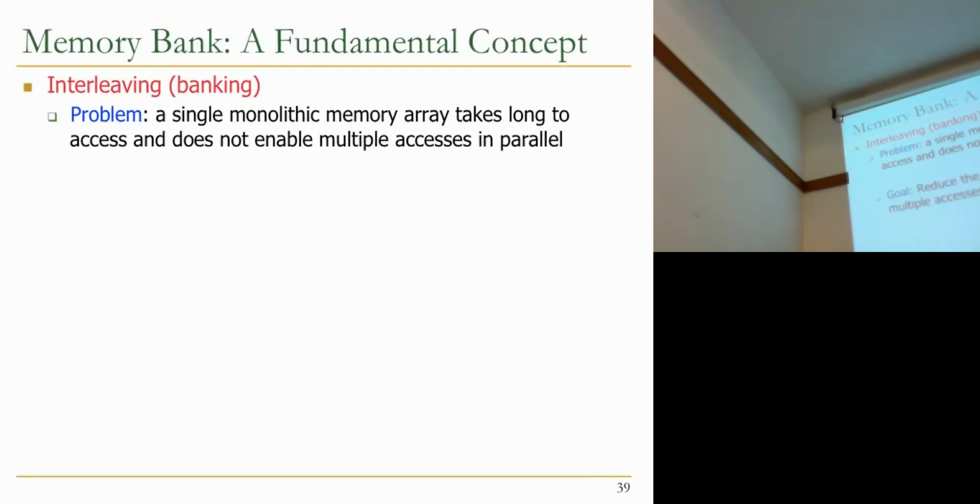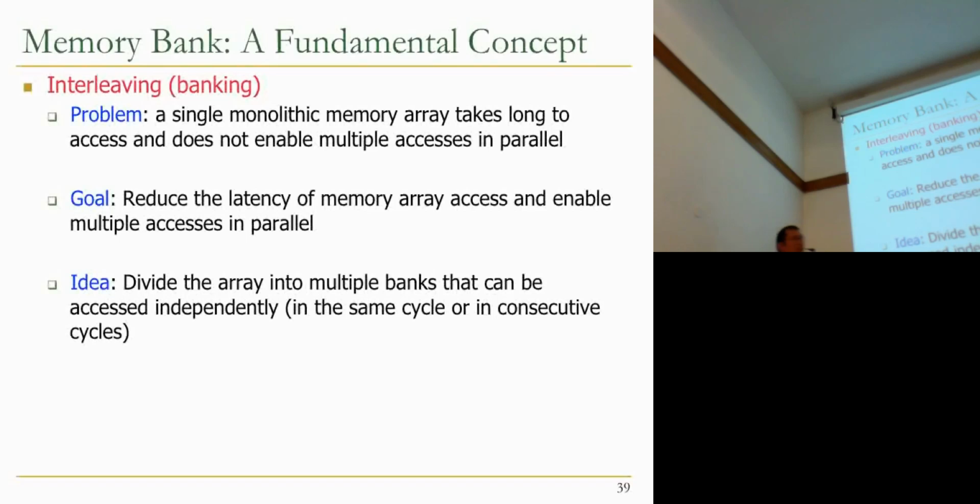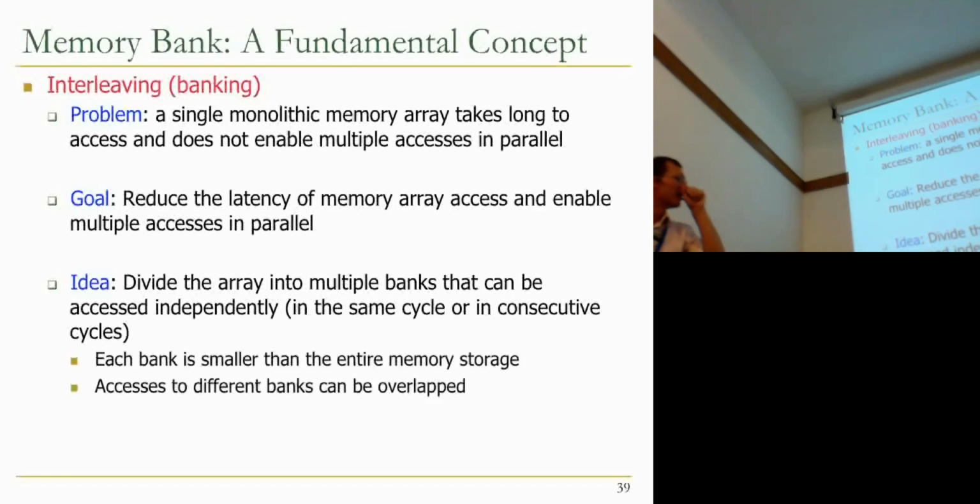As a result, to reduce the latency of memory array access and enable multiple access in parallel, people divide the array into multiple banks that can be accessed independently. Right? You have either in the same cycle or in consecutive cycles. And we'll look at this a lot. I just want to give you an idea of what is banking. Each bank itself is smaller than the entire memory storage that you have, and accesses to different banks can be overlapped.